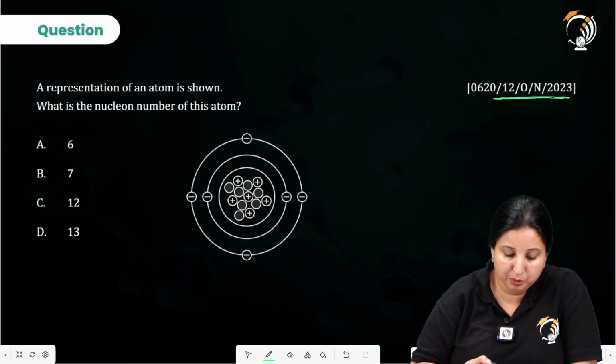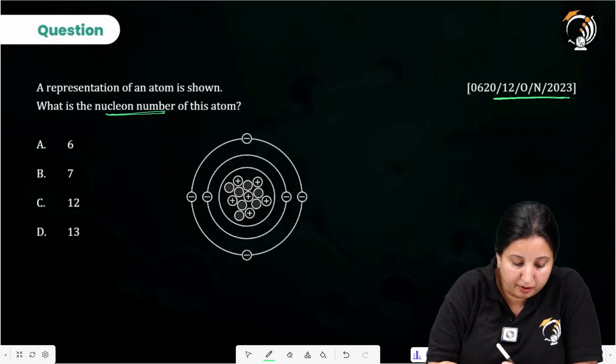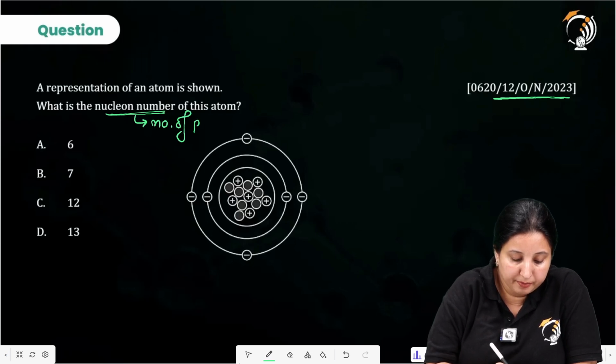Now look over here, nucleon number means what? Number of protons plus number of neutrons.